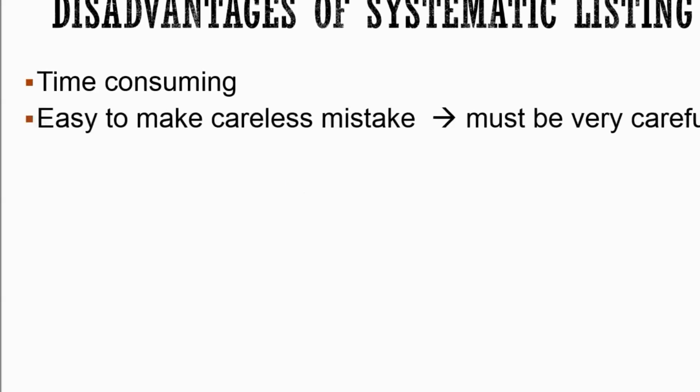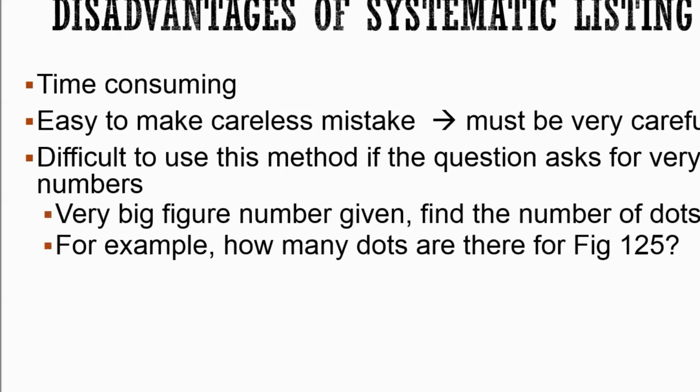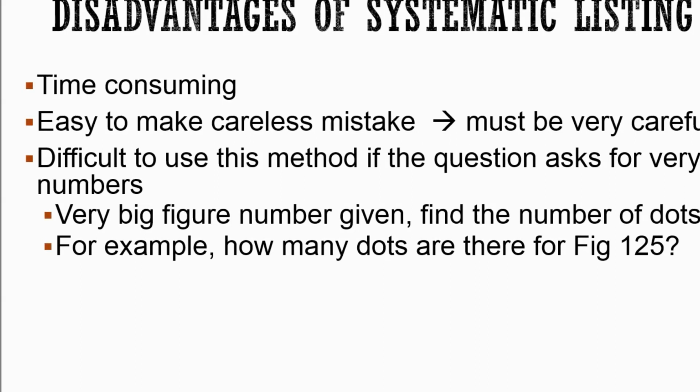There are some disadvantages to systematic listing. It's a little bit time consuming if you have to write everything down. And it's easy to make careless mistakes, so you must be very careful when you write things down or when you key into your calculator. And it is quite difficult to use if the question asks for very big numbers. For example, can you find the number of dots for figure number 125?